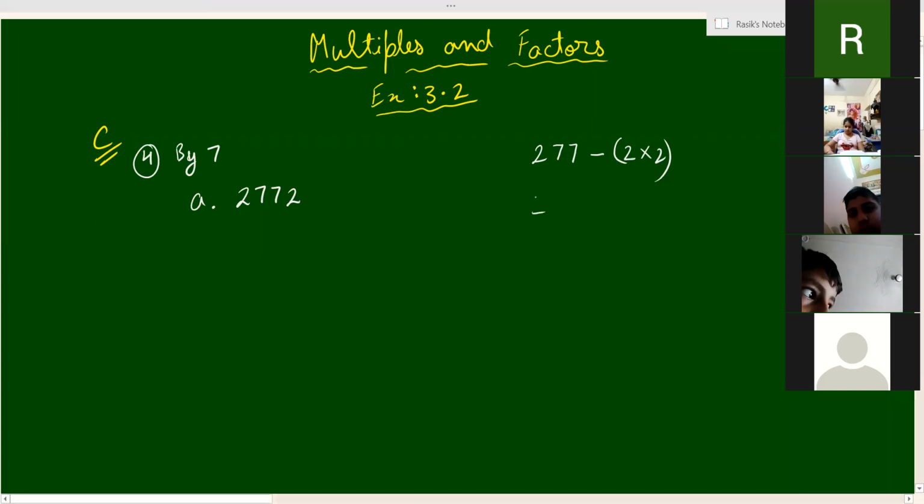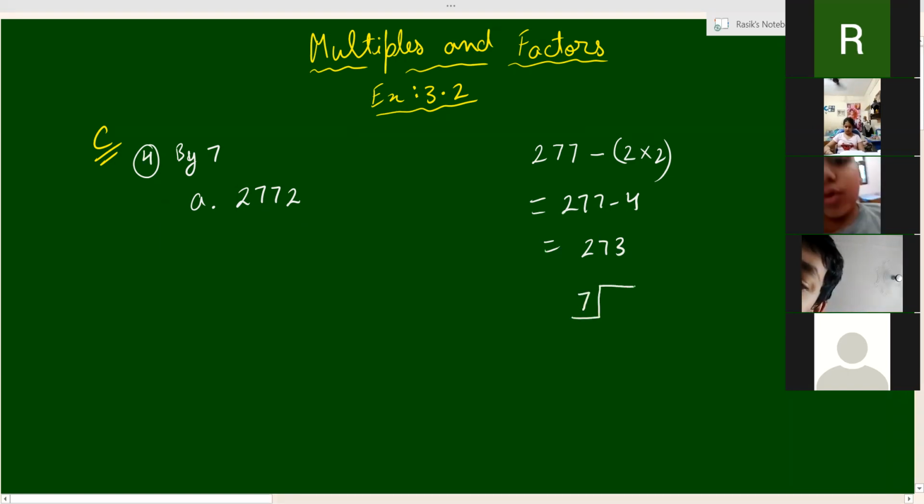So you get 277 minus 4. 277 minus 4, you get 273. Now what you have to do? You have to divide 273 by 7. We will divide 273 by 7 and check.